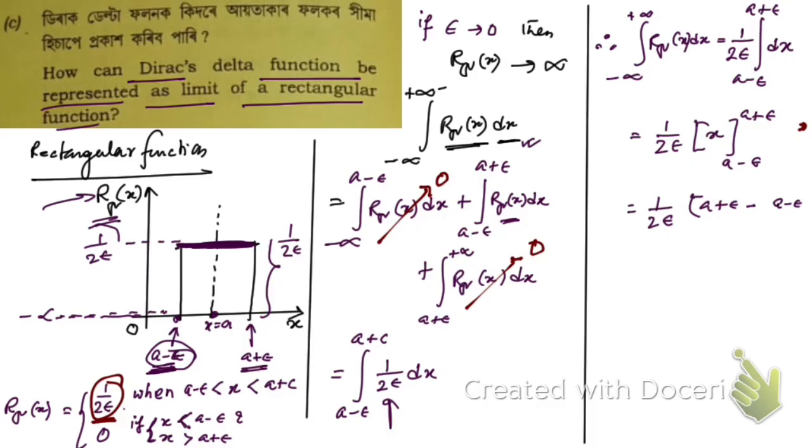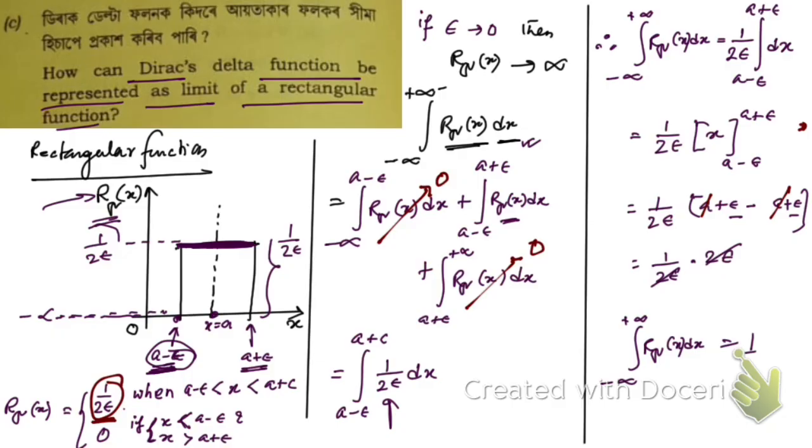Because of this minus, this sign will be plus. So here minus a plus a gone, so we end up getting 2 epsilon, epsilon plus epsilon, again 2 epsilon, and these two cancel, it's gonna give you 1. So that's why we got the value of this integration is equal to 1.